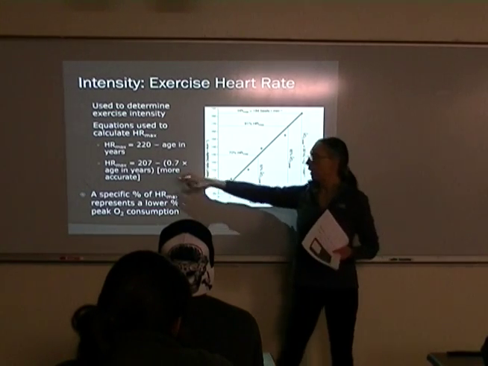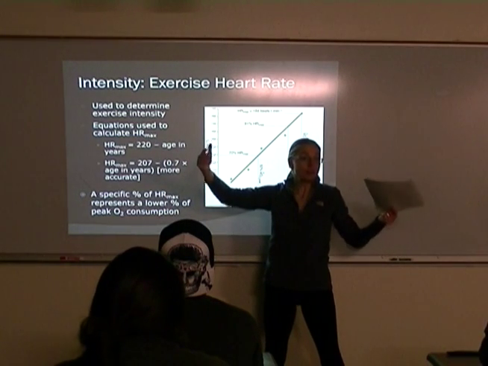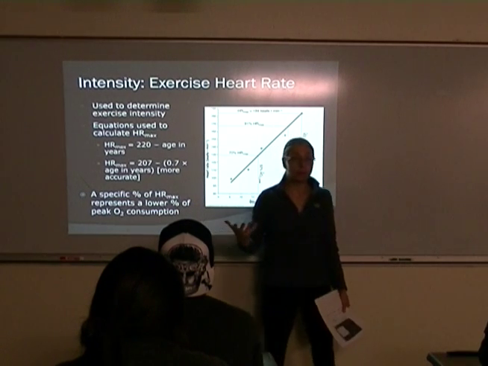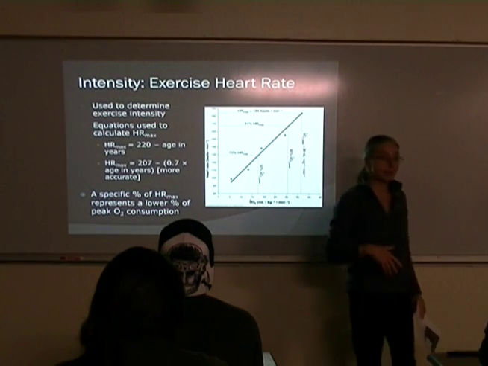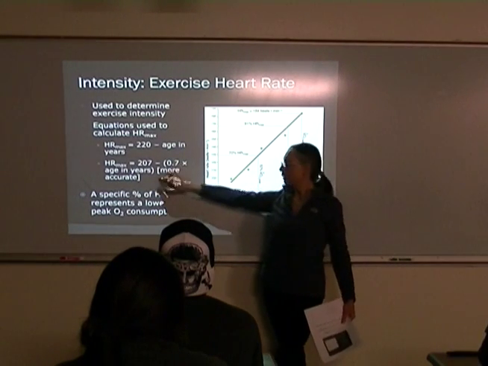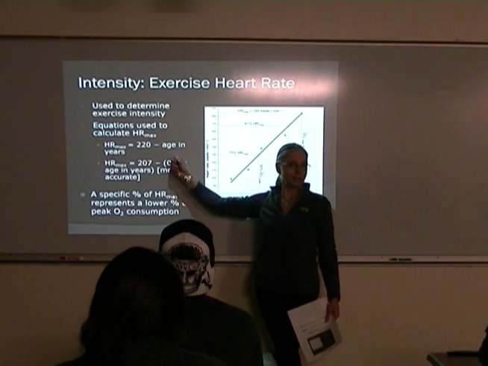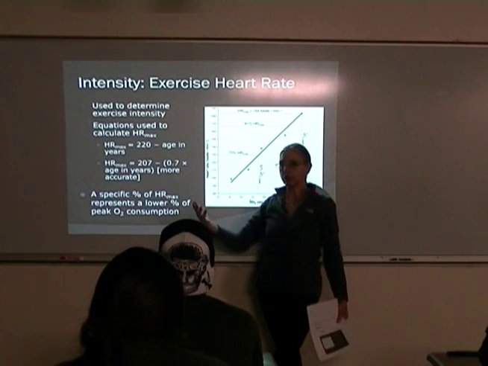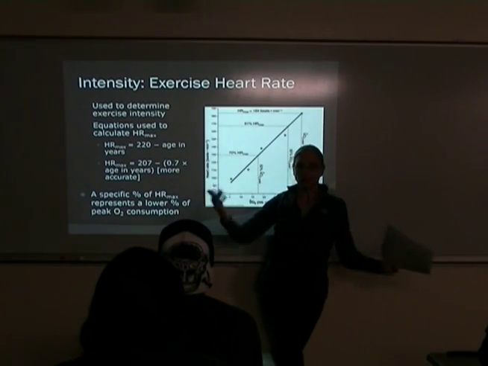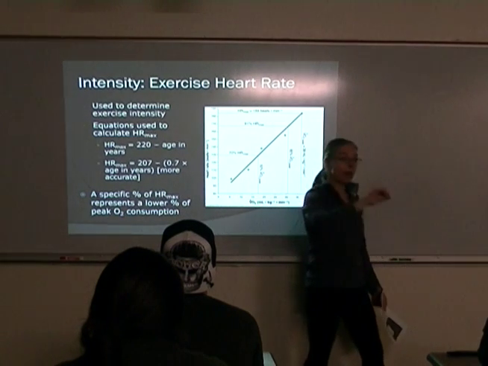But for most of you, most of the time, a guesstimate is good enough, okay? Unless you're working with world-class athletes, you really don't need to be more accurate than this. The problem with this one is, I can't do 0.7 times my age in my head. I at least need a sheet of paper, right? So 220 minus my age is a lot easier. 207 minus 0.7 times your age is a bit more accurate.